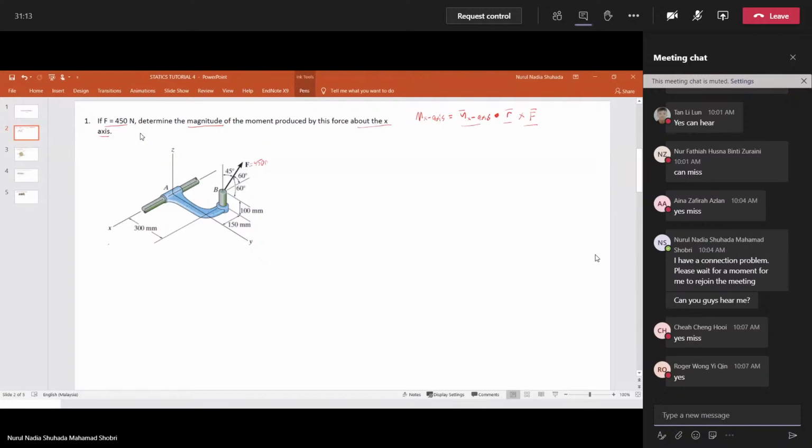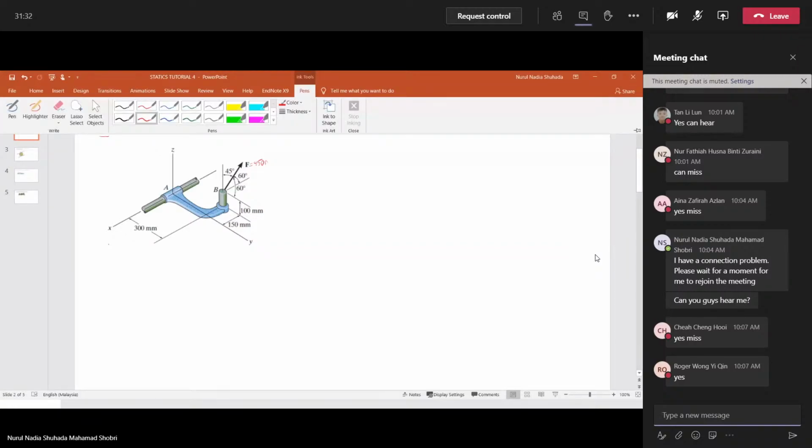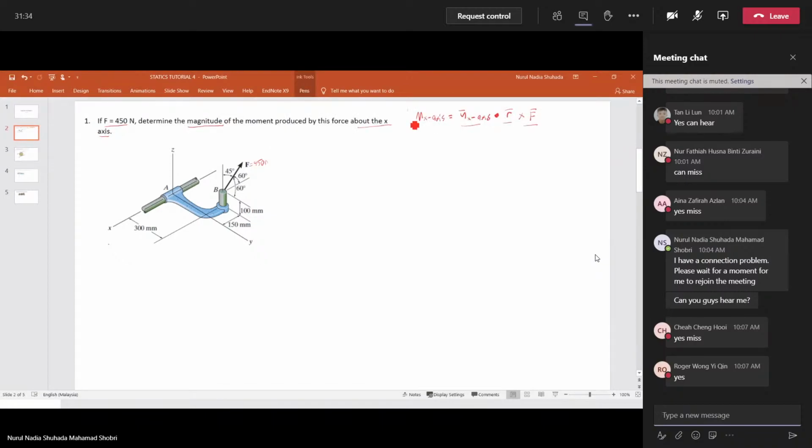Okay, we will discuss the solutions to the questions together. For question number 1, we have to use this formula as I mentioned earlier. These three items, the U vector, R vector and also F vector, we don't have the values.